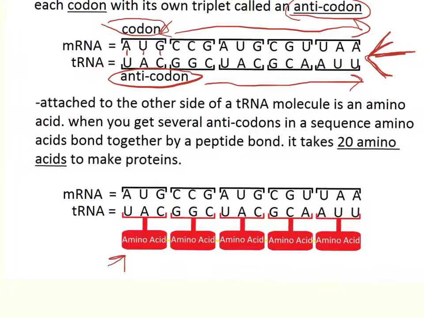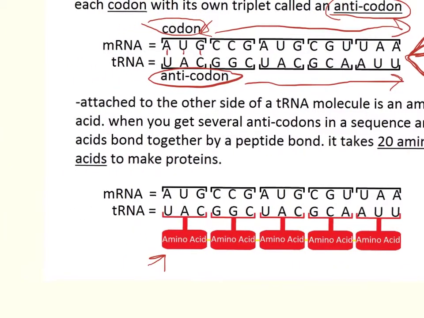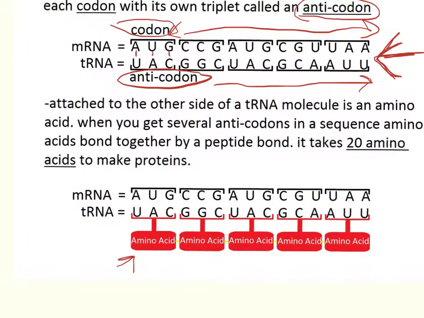Now, when I wrote these notes originally, I must have not been thinking clearly. It's not that it takes 20 amino acids. I don't want you to write that. It doesn't take 20 amino acids. There are a total of 20 amino acids, 20 different types.